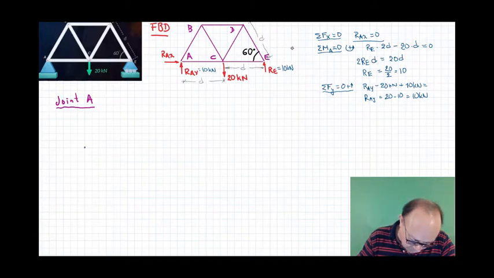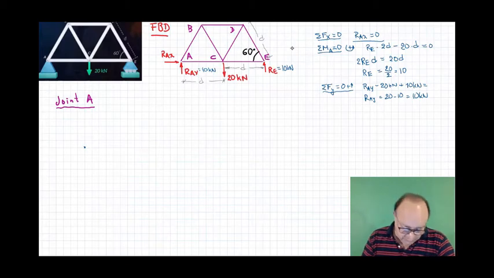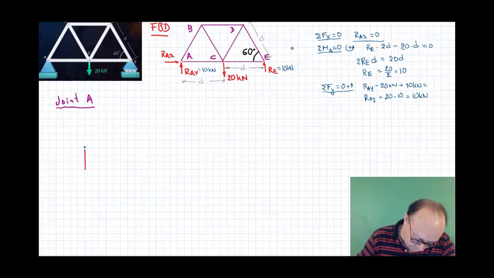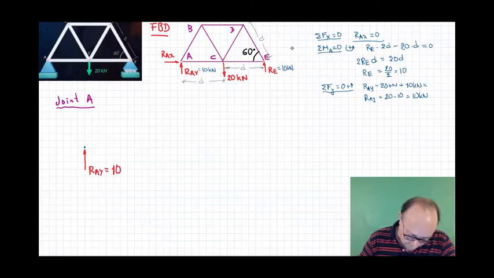The joint is just a dot, and then the forces acting on the joint are RAY, which is equal to 10 kilonewtons.